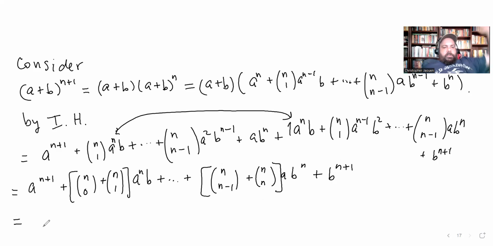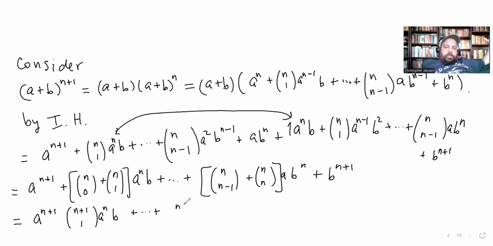If you notice, this ends up being a to the n plus 1. And then by part A, this would be n plus 1 choose 1 times a to the n b, plus dot dot dot.